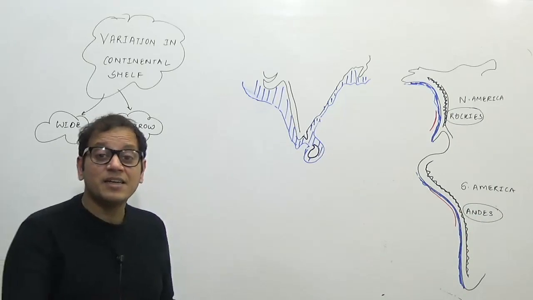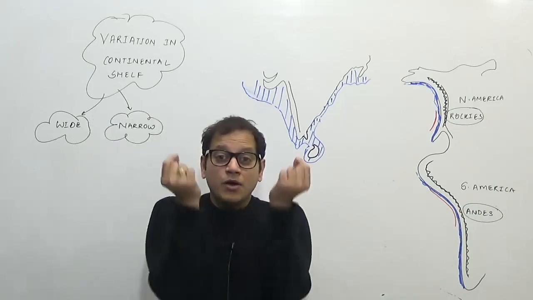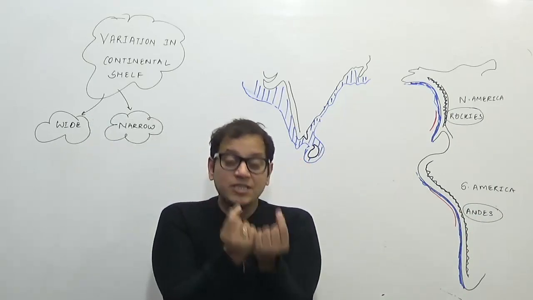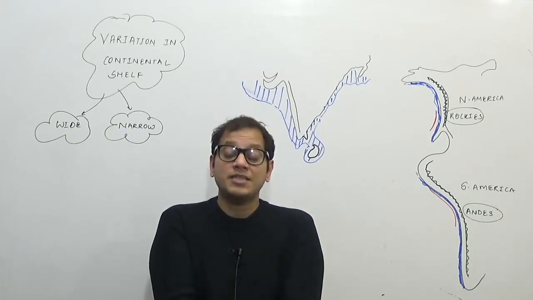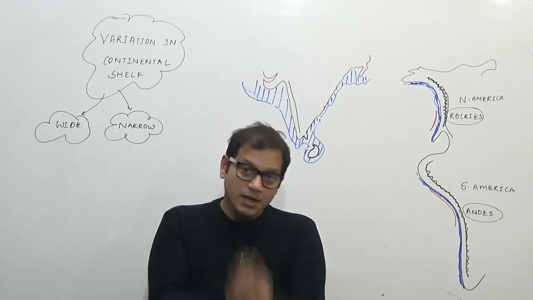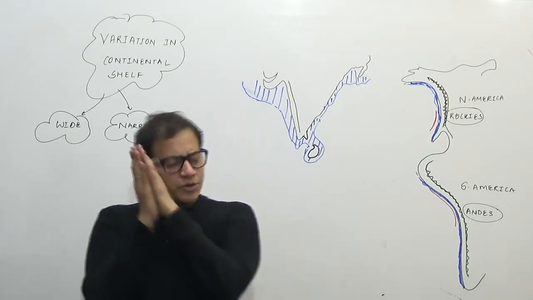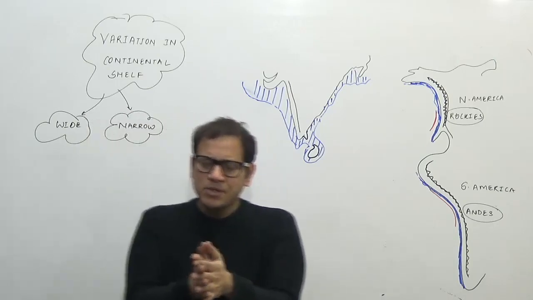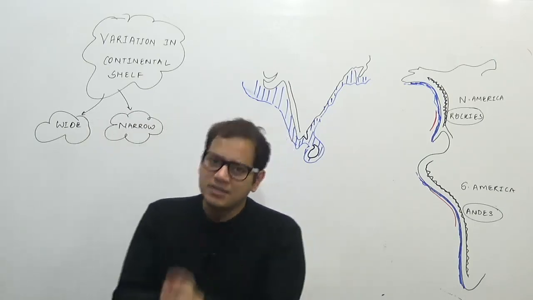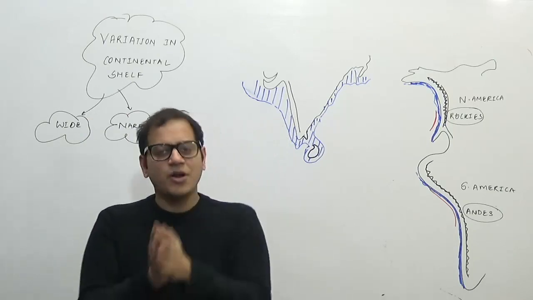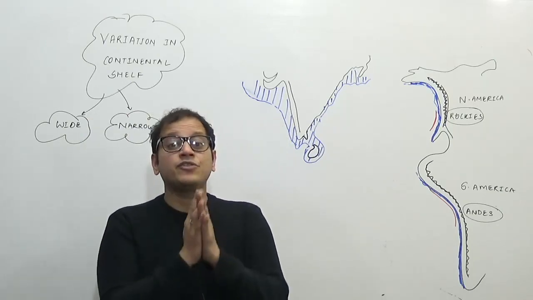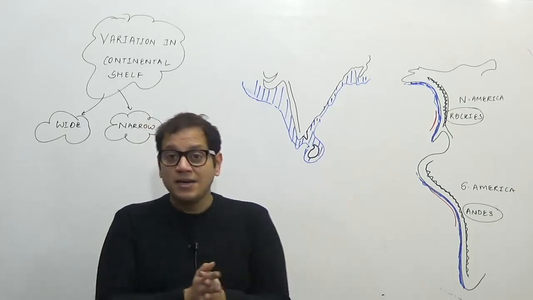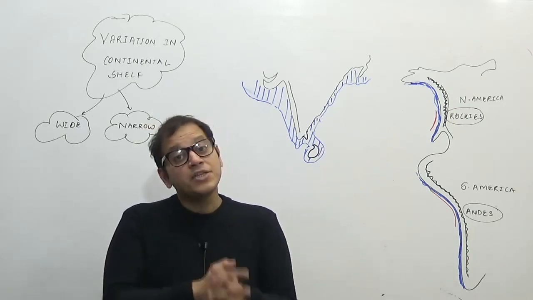The lighter color shade is extremely narrow, and in some places it is absent. I want you to see in the map what is there in North America and South America. You already know that North America and South America have mountains which run parallel to the western coast of each of the continents.